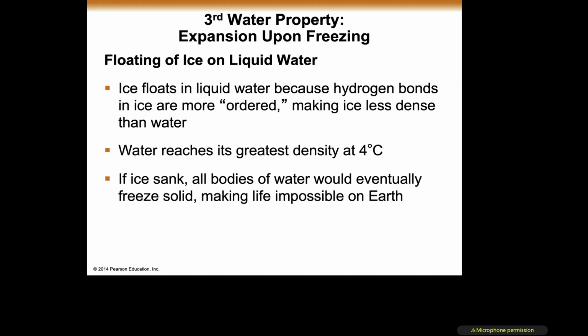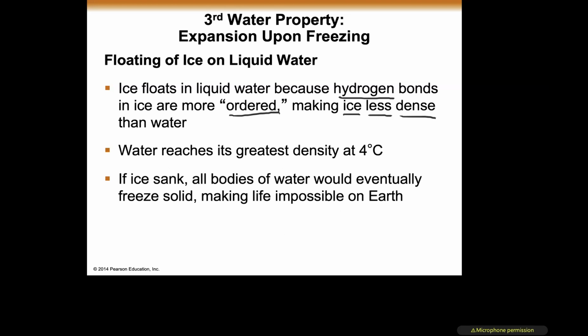So when you see your test questions, make sure you are reading the question, okay? Just because you see that the hydrogen bonds are more ordered doesn't mean that's necessarily the right answer. You need to make sure you are seeing that ice is less dense than liquid water. Okay, just giving you a heads up on that.